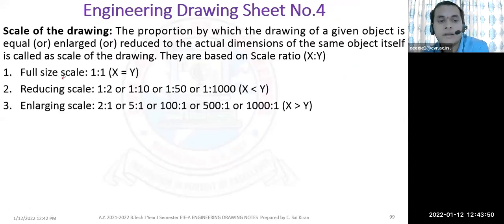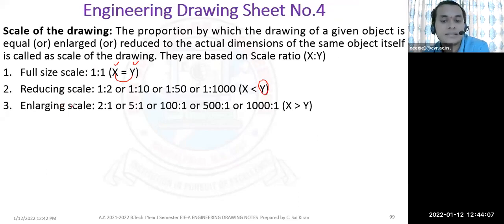Whenever you are drawing exact size, full size scale, it is 1:1. Numerator is x, denominator is y. Numerator equal to denominator is full size scale. If y is greater than x, that is reducing scale.